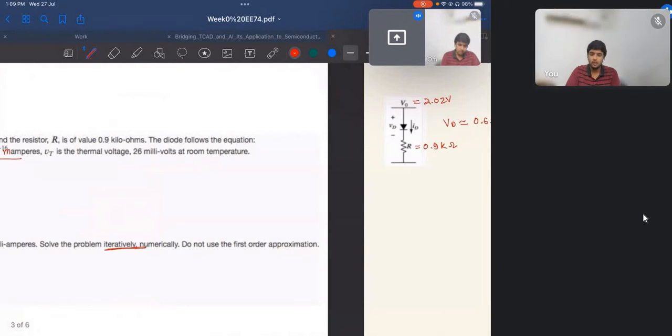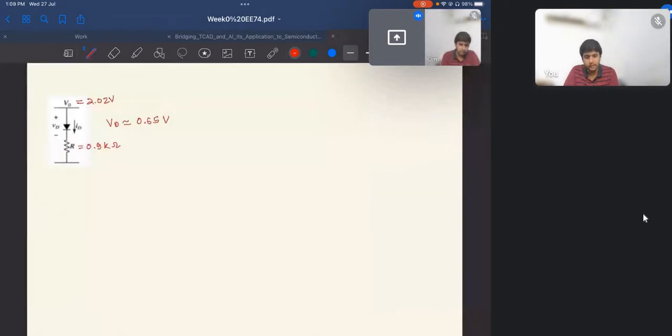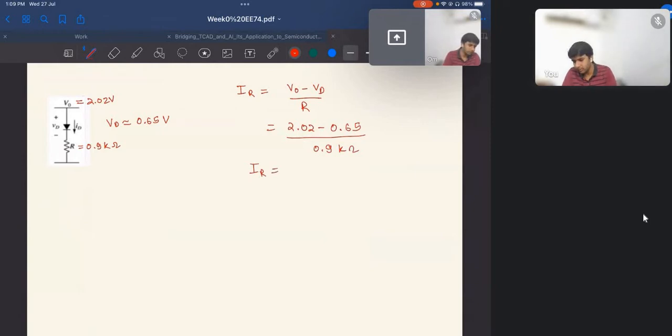So the first task is to calculate the current through the resistor R. That is, IR equals (V0 minus Vd) by R, equal to (2.02 minus 0.65) by 0.9. IR will be 1.5222 milliamperes.